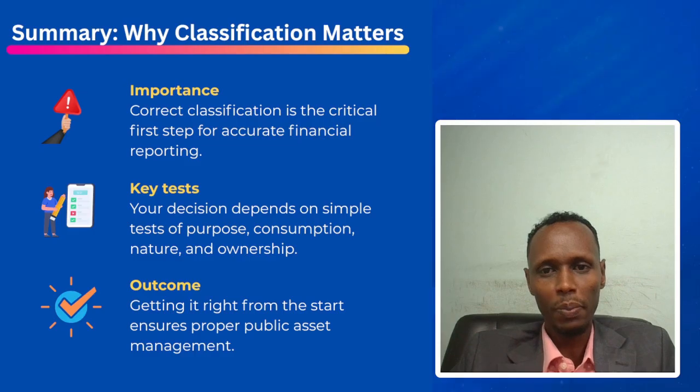So we test for purpose, consumption, physical ownership. All those are what we consider and clarify. Getting this right is very important in financial reporting, which is essential for accountability and transparency. So with that, that is our simple introduction to IPSAS 45 property, plant and equipment.